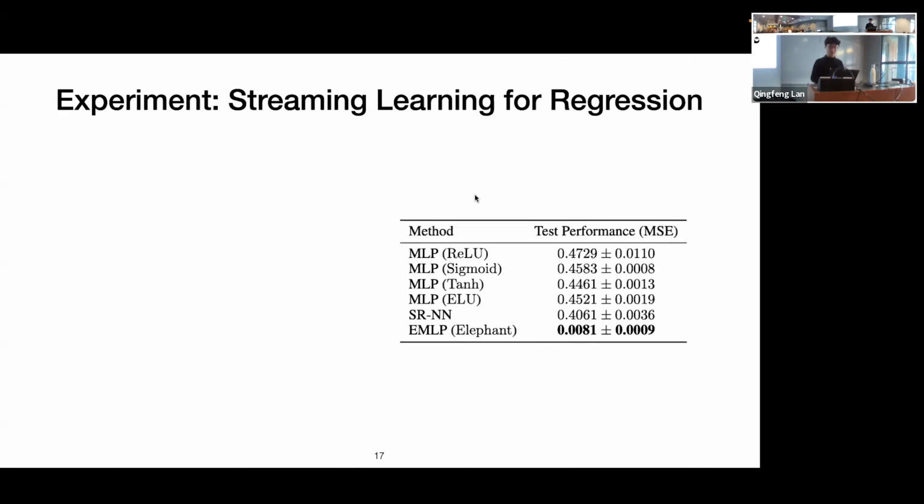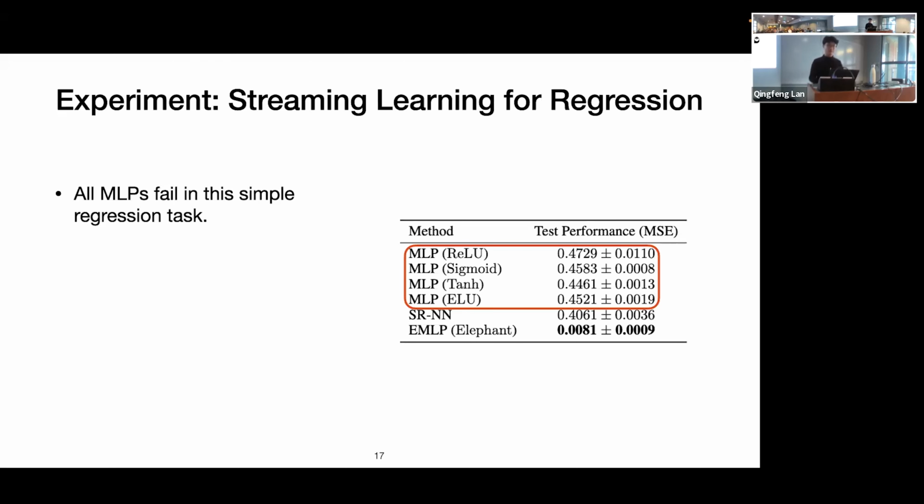So first, in this table, I show you the test performance, which is measured by the mean square error for different methods. You can see that for all MLP methods, the test mean square error is very large, which means that all MLPs fail in this simple regression task.